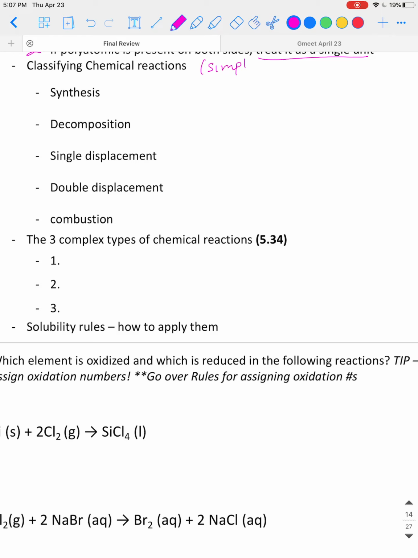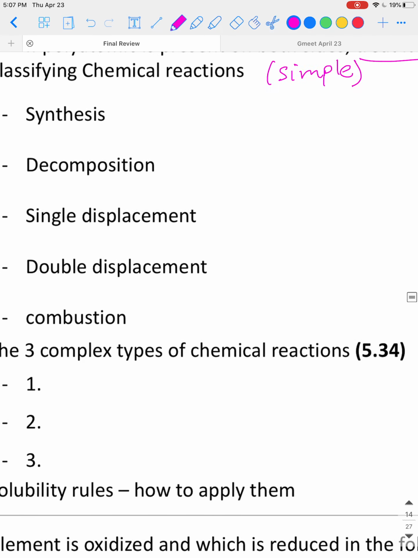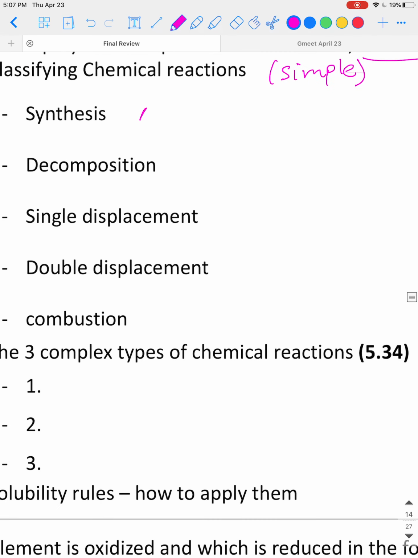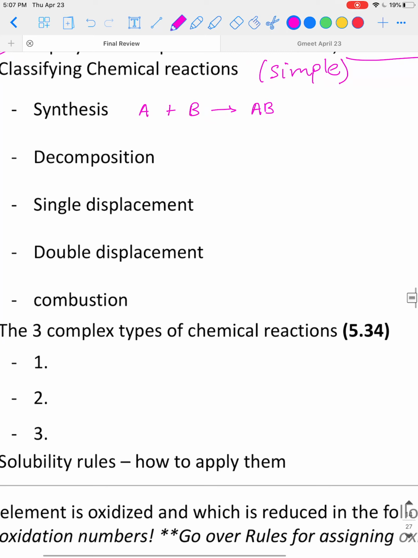Classifying chemical reactions. The first way we classified is we looked at 5 what I call simple reactions. So I'm going to draw parentheses. Okay, there you go. 5 simple reactions. So we said synthesis. An example, we just used generic letters here, would be like reactant A plus reactant B coming together to form a compound, AB.